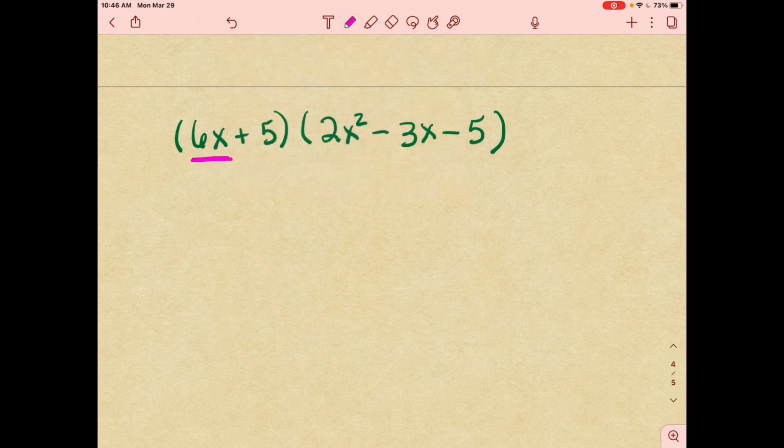I'm going to start with 6x, and you need to be patient and careful and meticulously neat. You are going to multiply 6x times each piece in the other parentheses. So we're going to start with 6x times 2x squared, which gives me 12x to the third.